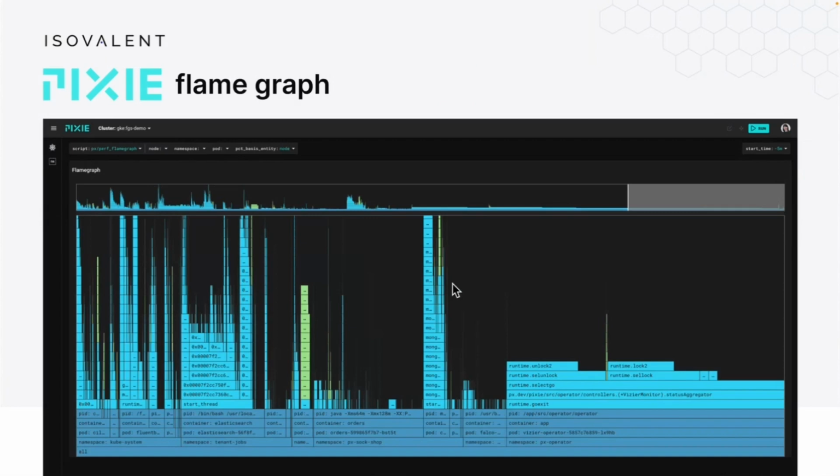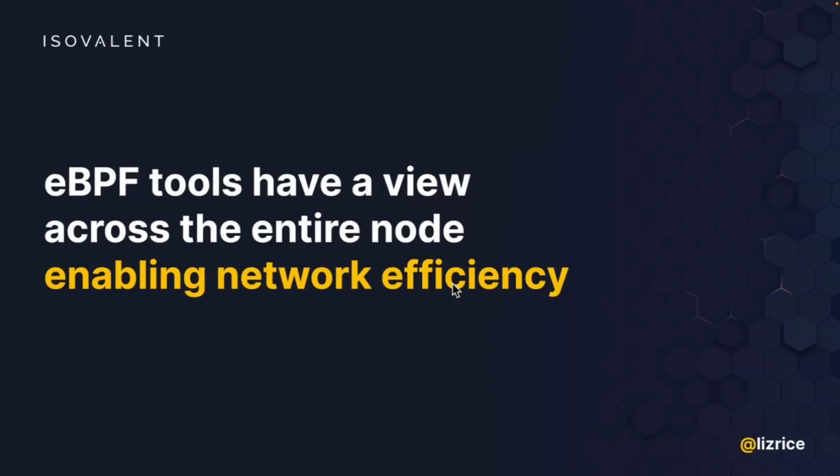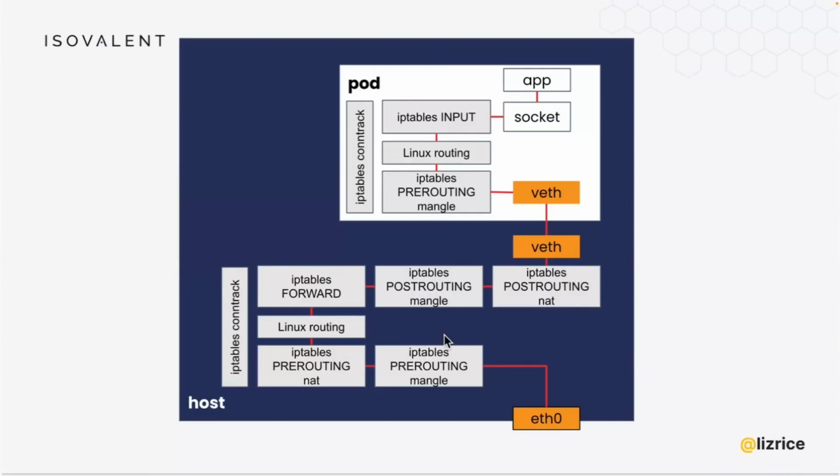So let's move on from observability to actually tools that affect the way the system is behaving. And I'm going to start with networking. So you've seen already an example of eBPF manipulating network packets. This is really useful for efficient networking in a cloud-native world.